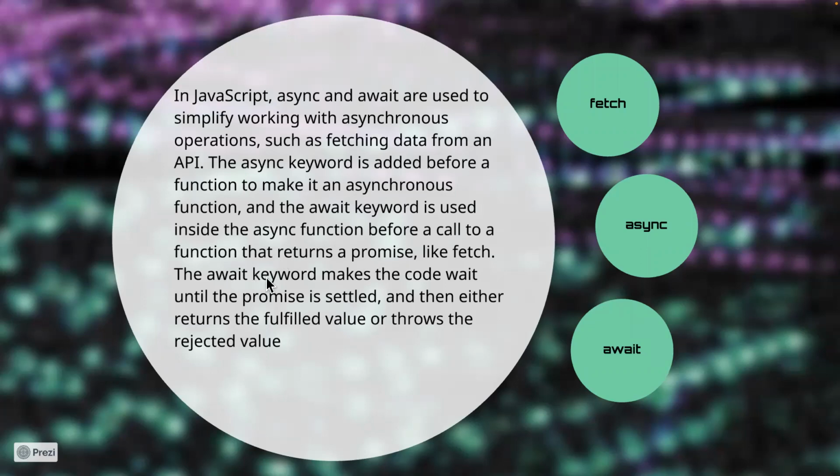Okay, the await keyword makes the code wait until the promise is settled. So the promise has to be fulfilled. That's when the function has finished, and the await makes it so that that promise doesn't hold up the line, like I said. And then it either returns the fulfilled value or throws the rejected value.